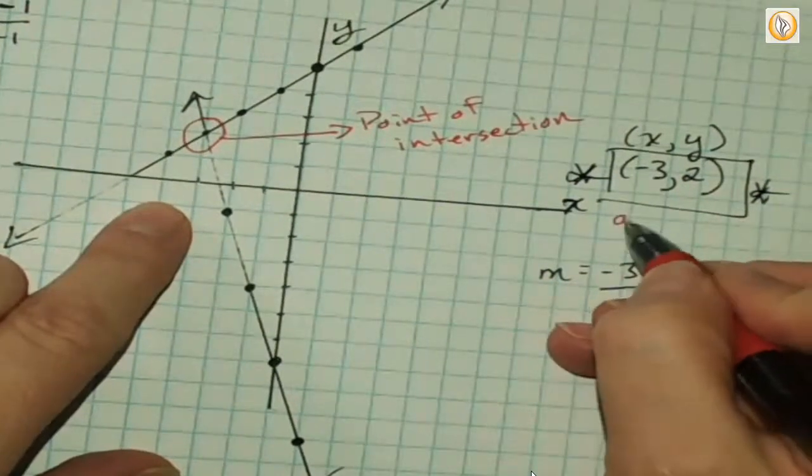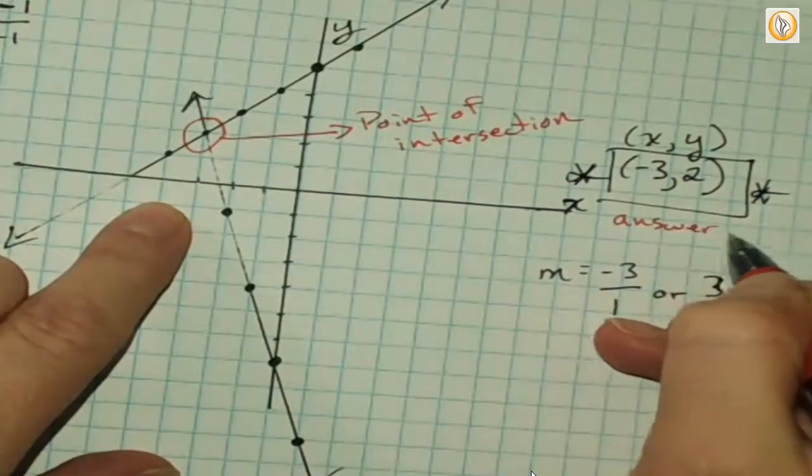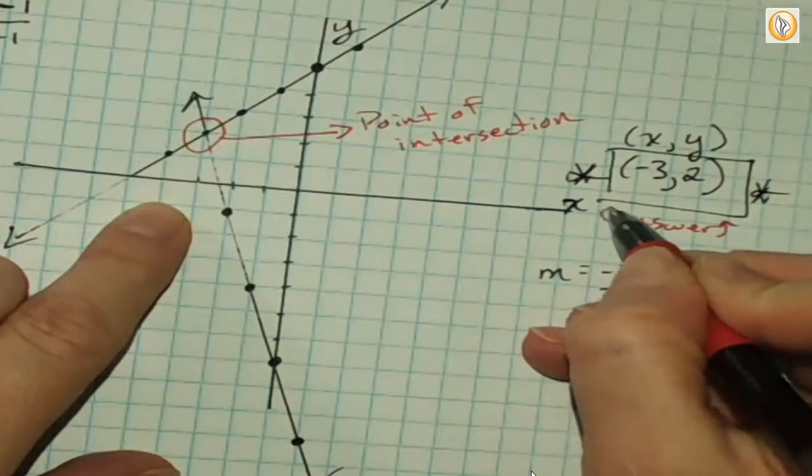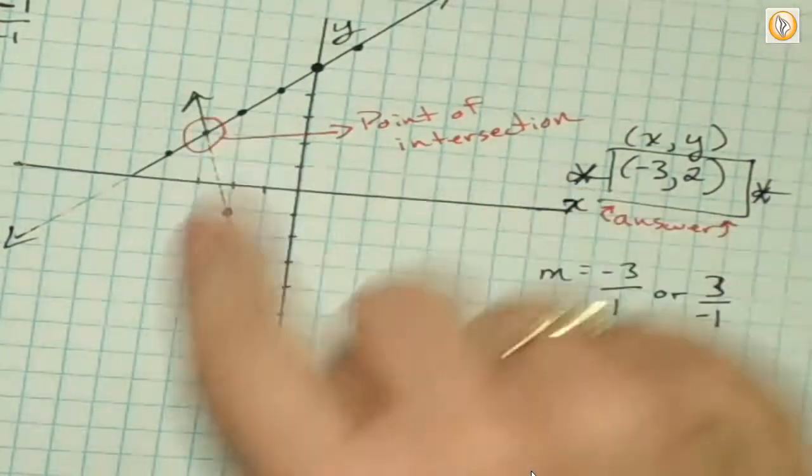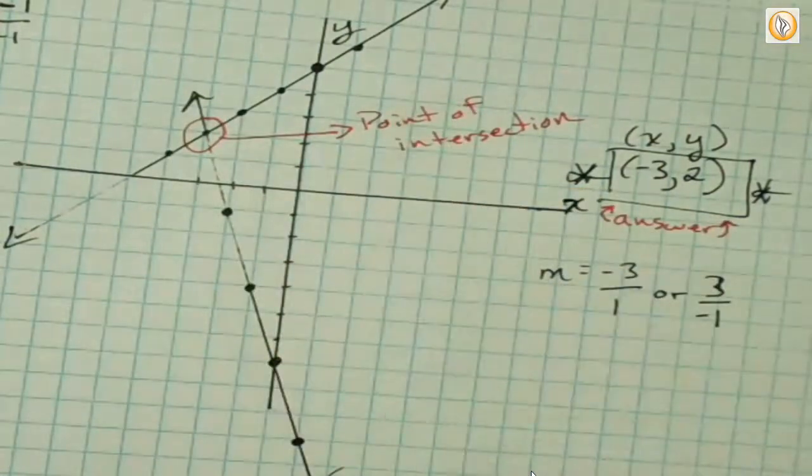So that's what you're doing today. You're first taking the two equations, putting them in y equals mx plus b. You're graphing them, and you're going to have to be very careful with your graphs. The more points you plot, the more accurate your lines are.